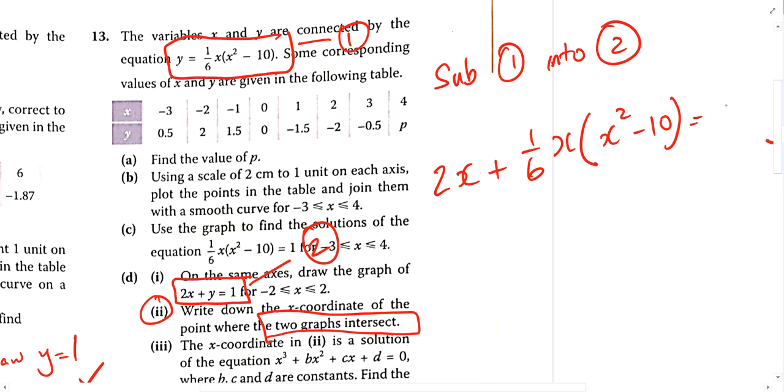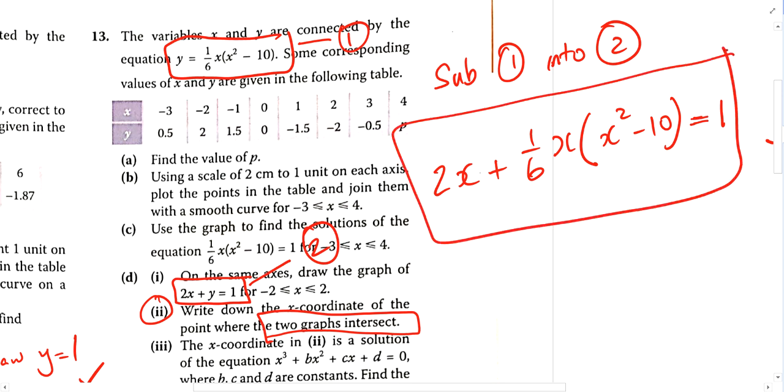This is after I sub 1 into 2. So when I solve equation 1 and 2 simultaneously, I end up with this. Graphically, the x coordinate for the points of intersection will be the solution to this equation.